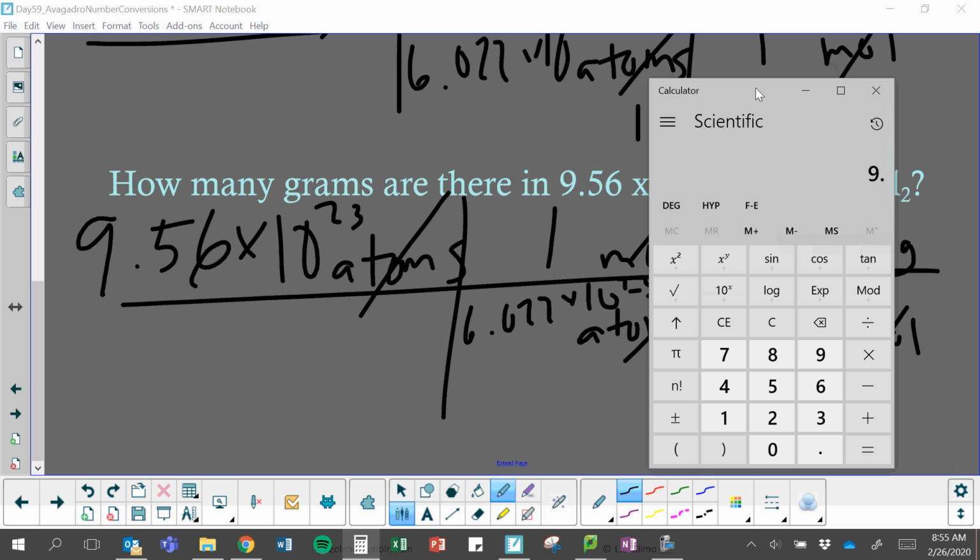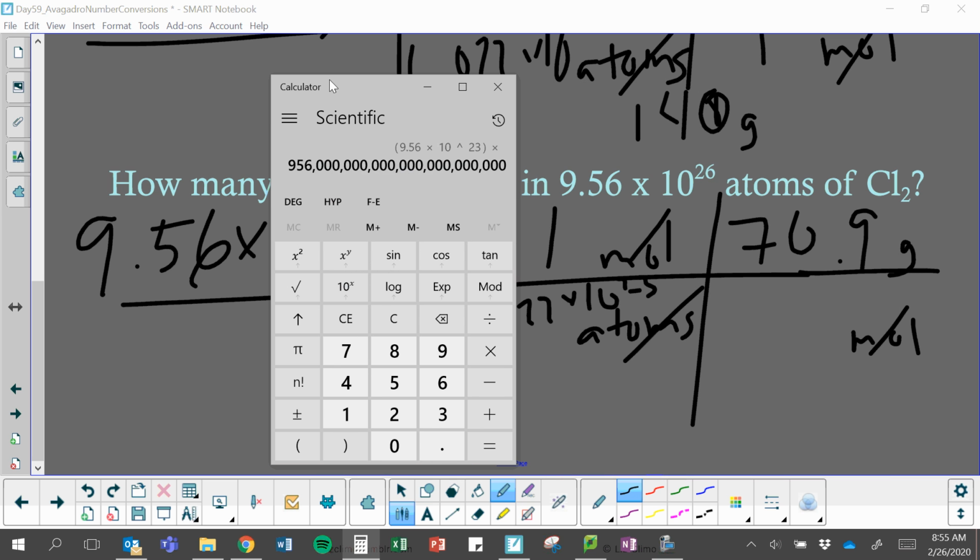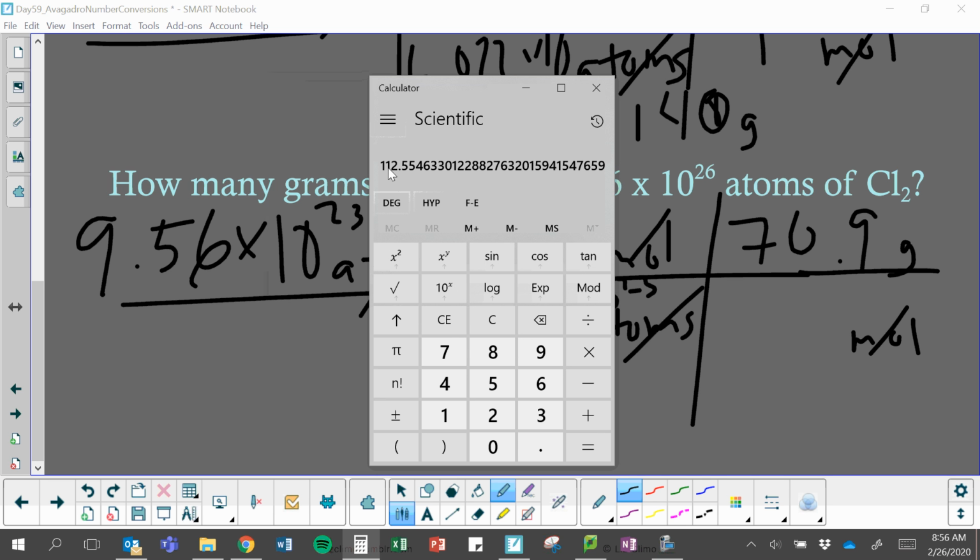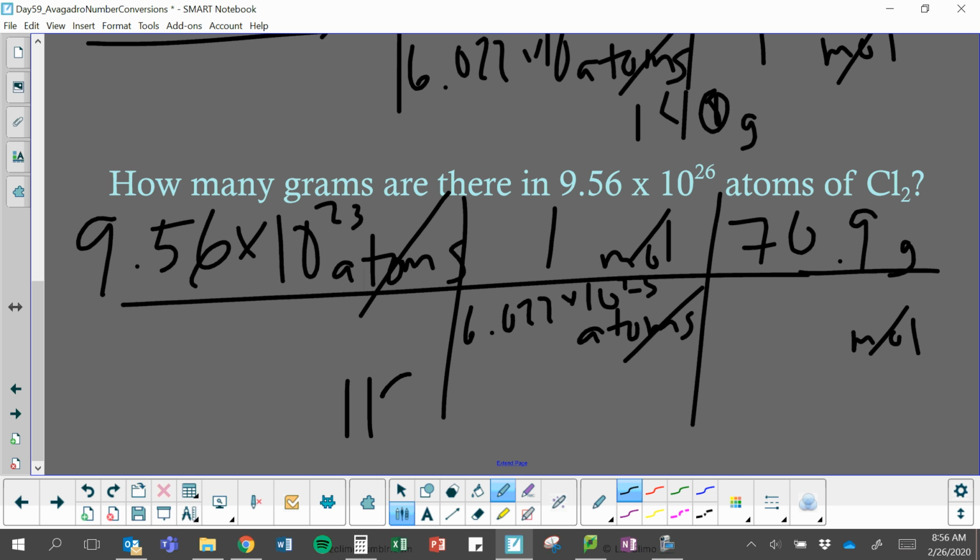So we're doing 9.56 times 10 to the 23rd atoms times our molar mass, which is 70.9, divided by Avogadro's number. So we have 3 sig figs, so we're going to write 113 grams. That's how you solve these problems.